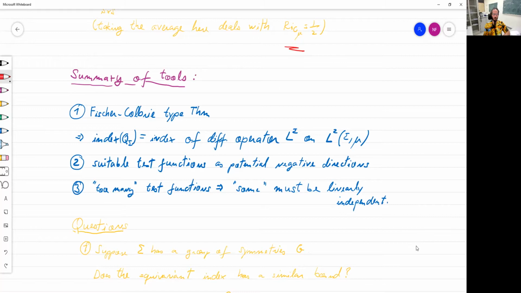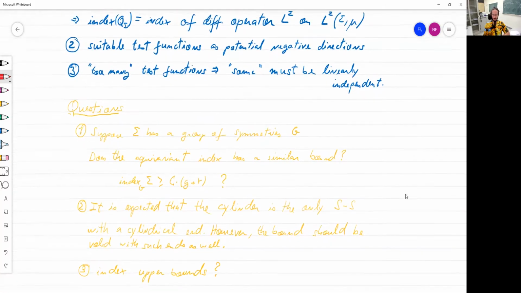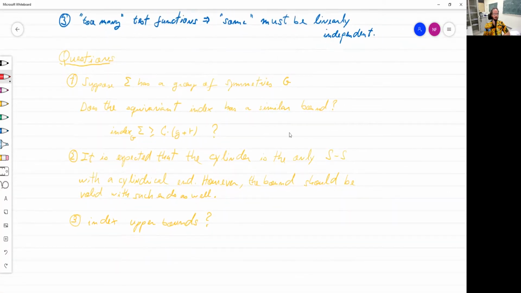And like I said, I promised some questions. First, suppose sigma has some sort of symmetries. Can you prove a similar bound for equivariant index, maybe for a different constant? Equivariant index is when you compute the index only with respect to equivariant functions, if you have some symmetry.